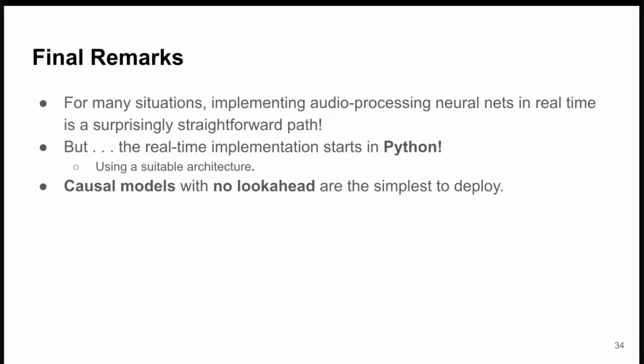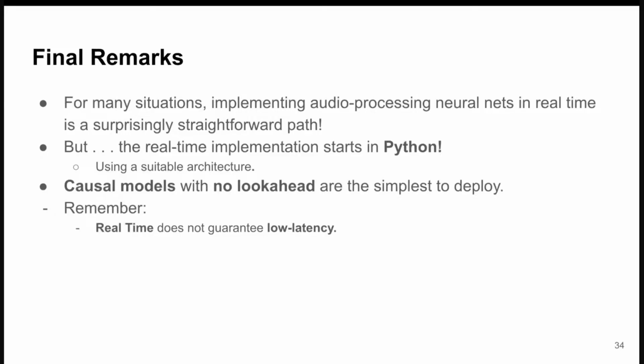And again, in terms of what is easier to deploy, in RTNeural, causal models with no look ahead are usually the simplest to deploy because RTNeural actually provides layers that work in that fashion. So remember something important: the fact that it's real-time doesn't guarantee low latency, so you need to consider the inherent latency of these algorithms, if they have any, before running them in real time.